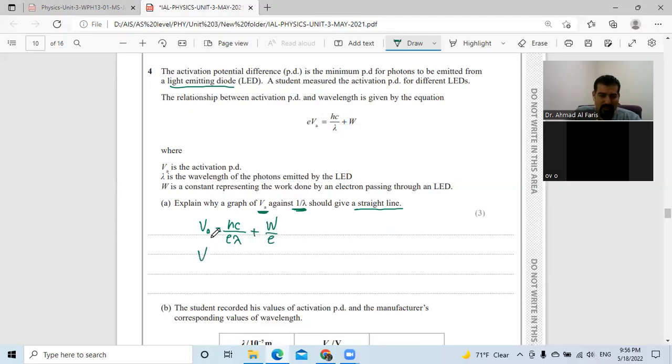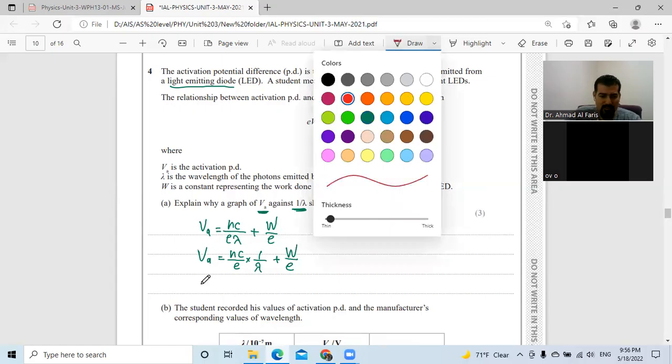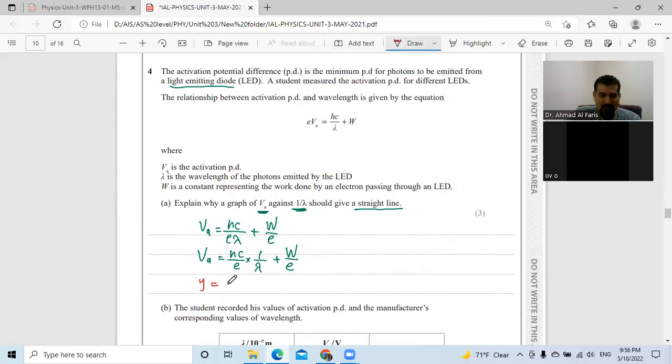That means VA equals hc over e multiplied by 1 over lambda, plus W over e. And this equation is similar to y equals mx plus c, since VA is in the y-axis and 1 over lambda is in the x-axis.